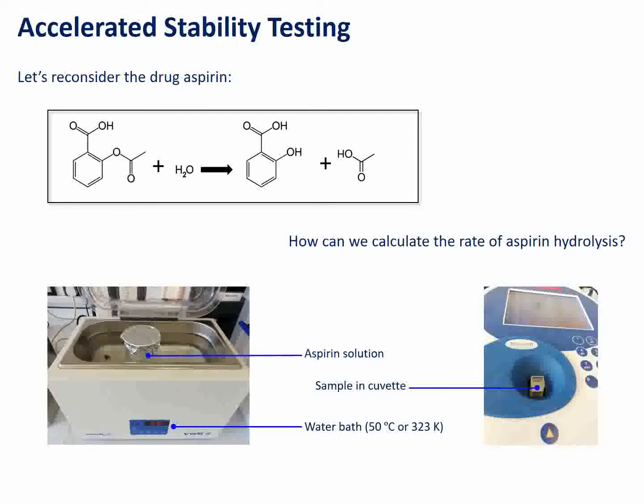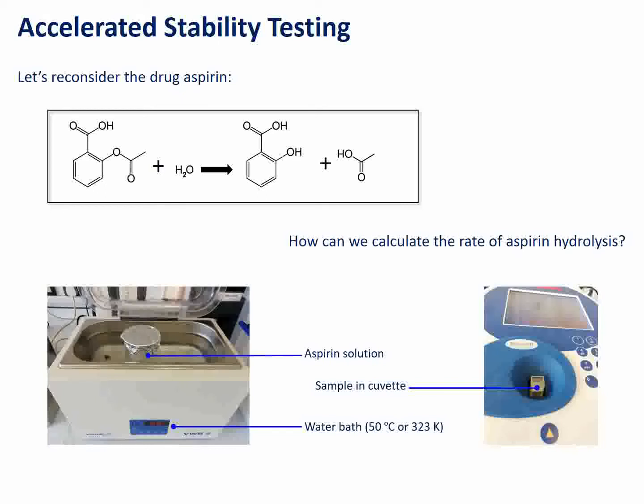And remember, we'd be doing the reading at around about 300 nanometers, because we know at that wavelength salicylic acid absorbs UV light and aspirin doesn't absorb any at all. So we're monitoring the formation of salicylic acid, and the aspirin isn't going to interfere with that at all.